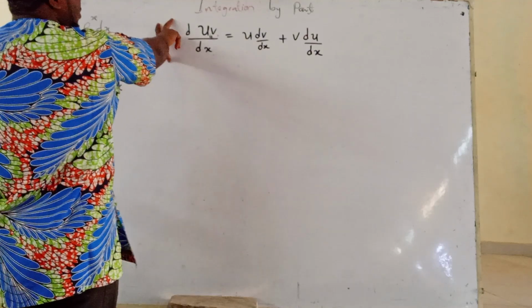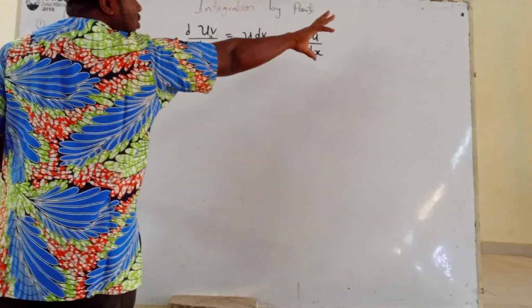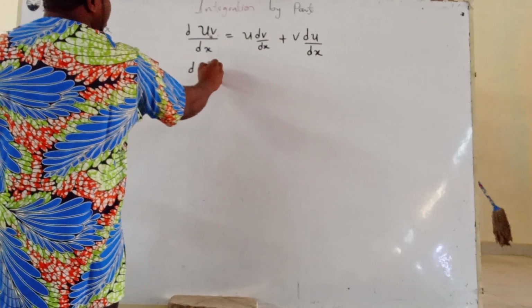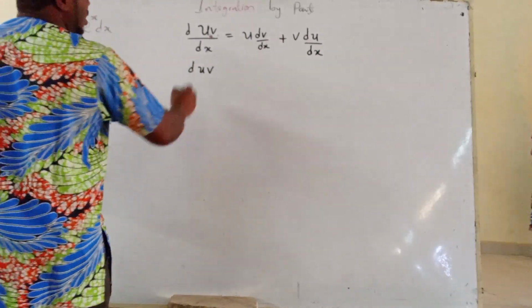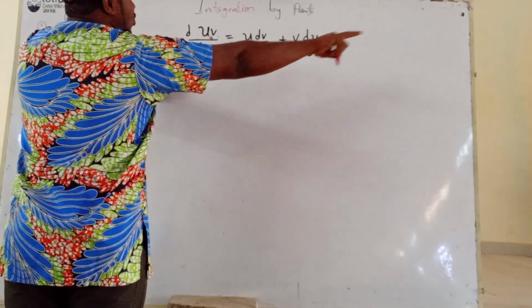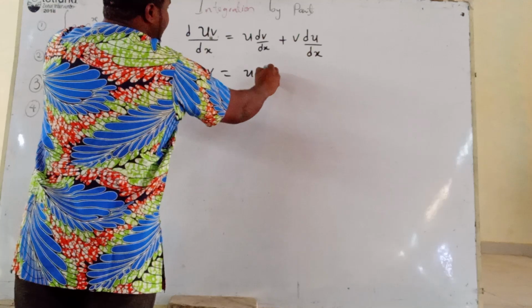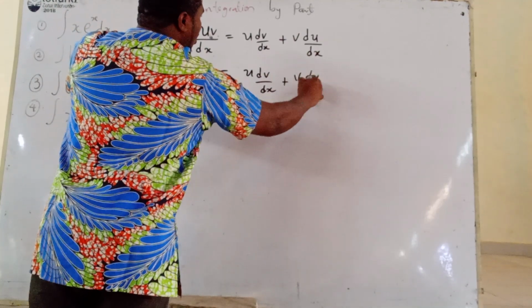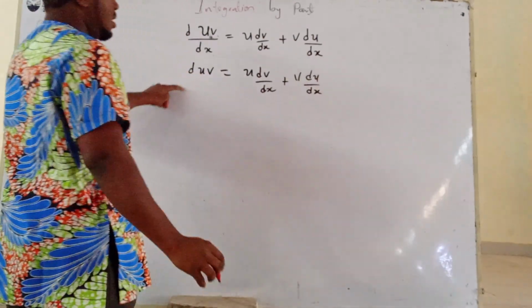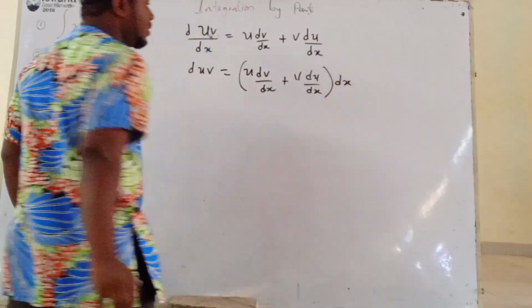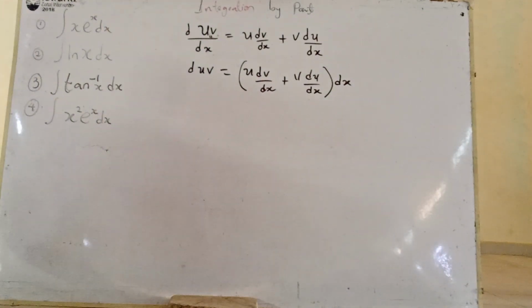If I differentiate this, I can move this dx to the other side. So I have d(uv) equals u dv upon dx plus v du upon dx, but here I'm taking this to the other side, so the dx will be here. Is that not so? Fantastic.